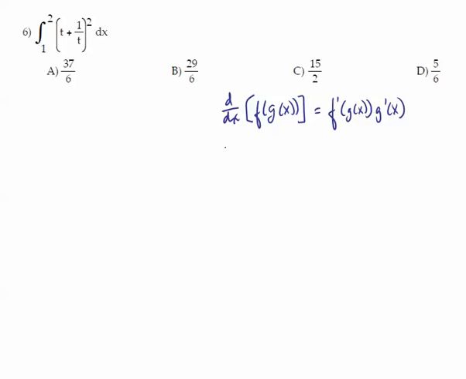So if that's true, then the reverse process of integration should say the integral of f prime of g of x times g prime of x dx should bring us back to f of g of x plus c.